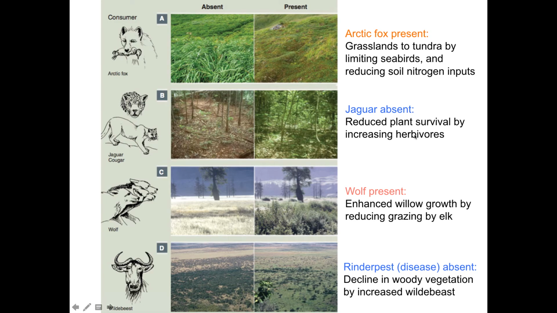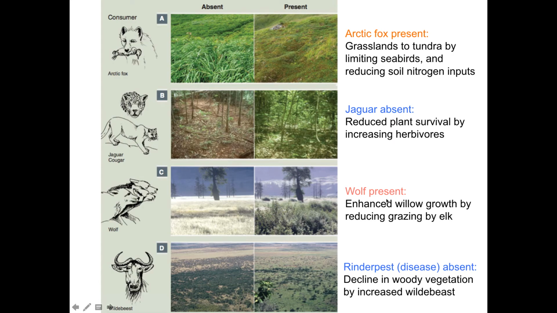Where jaguars are absent, they have reduced plant survival because there are more herbivores. So the jaguars reduce the numbers of herbivores and prevent the sort of damage to the environment that the herbivory of those herbivores causes.